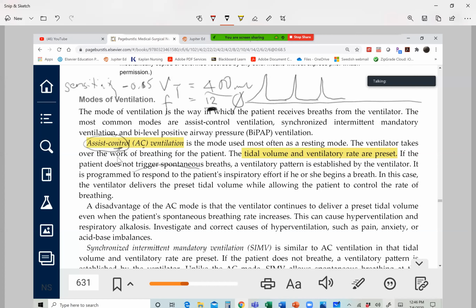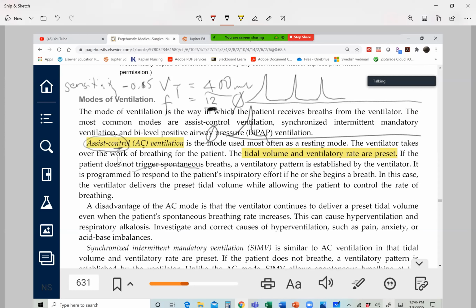Let me illustrate. So this is 0. If the vent gives a breath here, for instance, and then a few seconds later, the patient initiates a breath, the pressure becomes negative, and the vent senses that negative pressure.